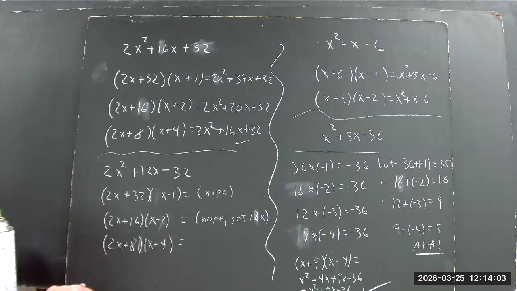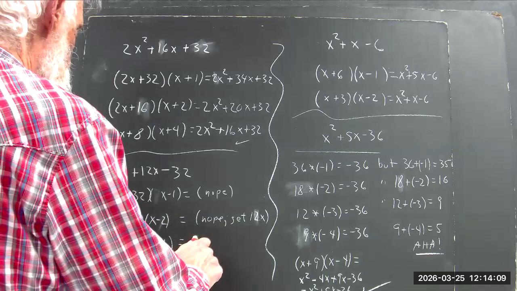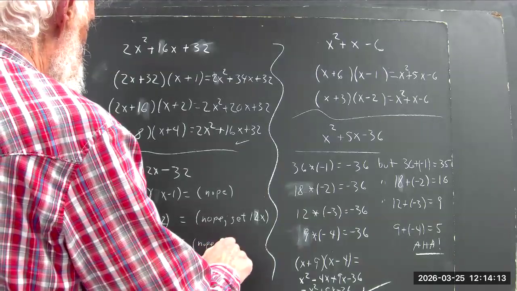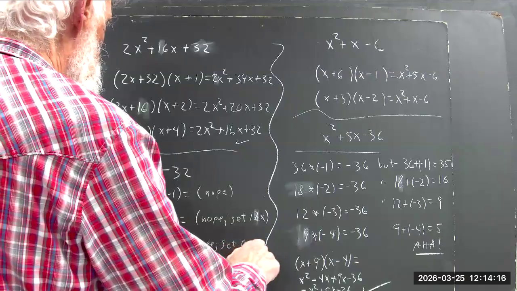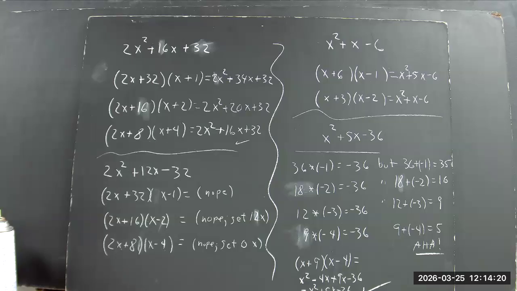Well, 8 times x is 8x. Negative 4 times 2x is negative 8x. I'm going to say, no, we get 0x.